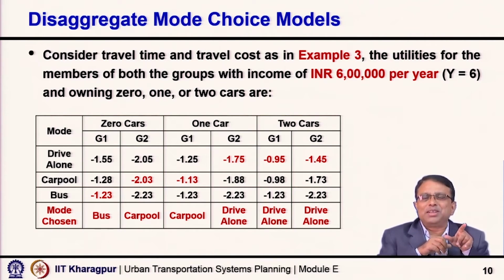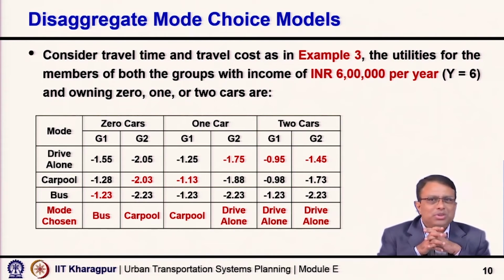We recognized here that actually not one group, but two groups are there. And we could get that from the model itself and from the utility maximization principle, that group 1 people are going to use bus, whereas group 2 people are going to use carpool.